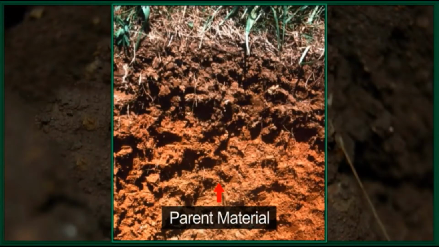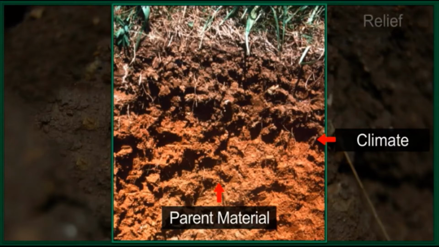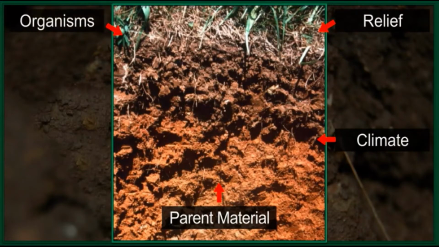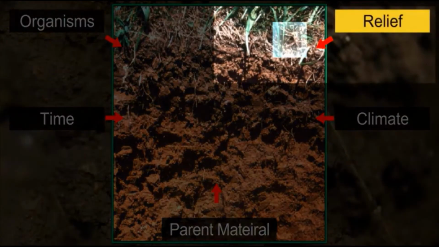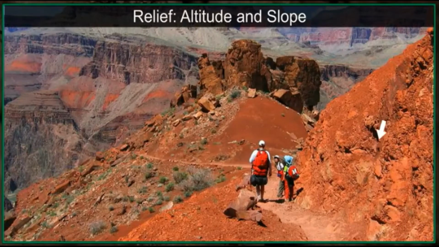Apart from parent rock and climatic conditions, the other factors that affect soil formation are relief, flora, fauna, and microorganisms, and time. Let's look at how relief, or the altitude and slope of an area, affects the accumulation of soil.